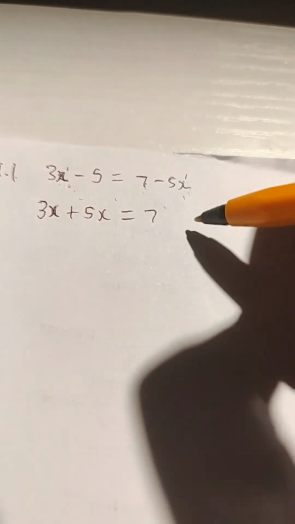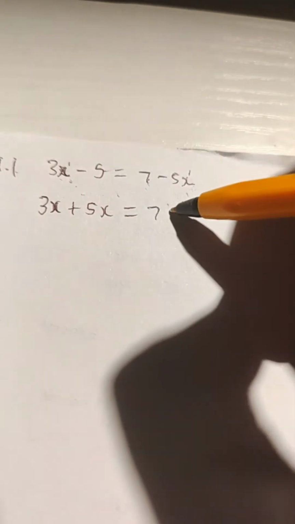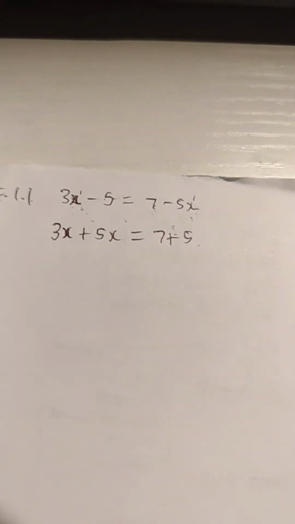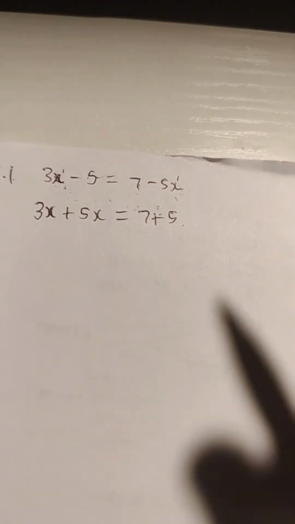Then the 7 stays on the right. The negative 5 joins the 7 on the right hand side. When negative 5 goes over, it becomes plus 5. So there's a simple change of sign whenever terms that are separate move to the left or the right. So we call this the additive inverse.